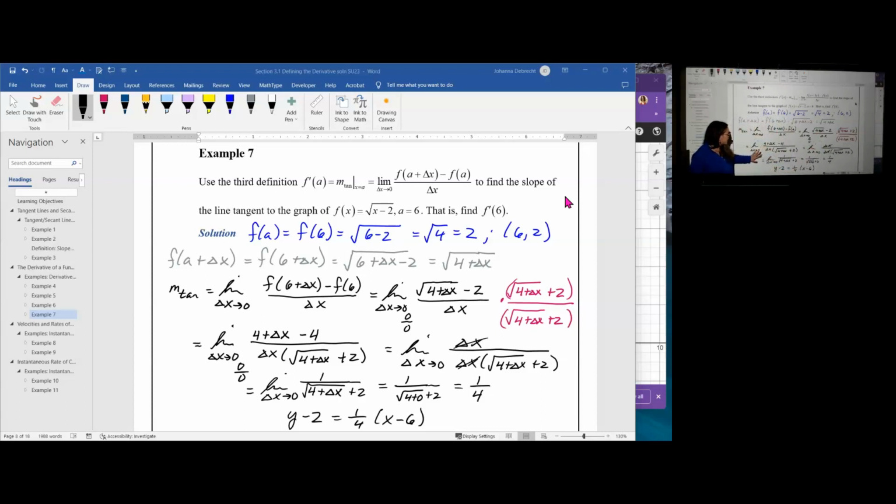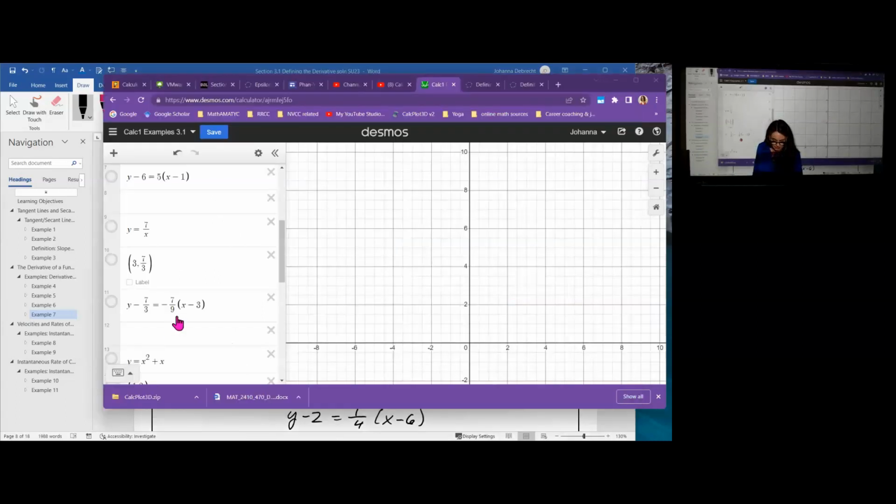At each step, I can try substituting 0 for delta x, but I get 0 over 0 until I cancel that common factor. Now I can substitute again, 0 in place of delta x, leading to a value of 1/4. The tangent line becomes y minus 2 equals 1/4 times x minus 6. Let's look at this particular graph.